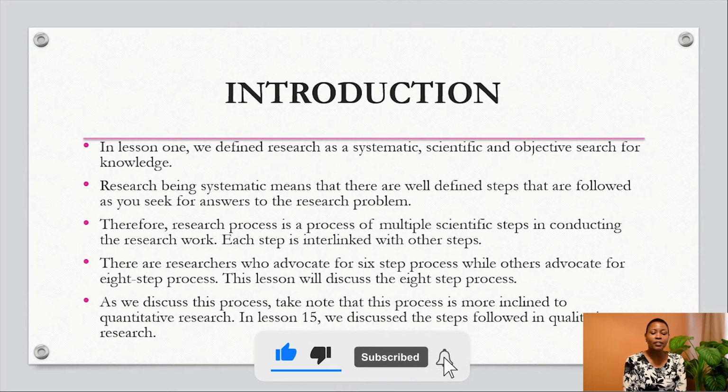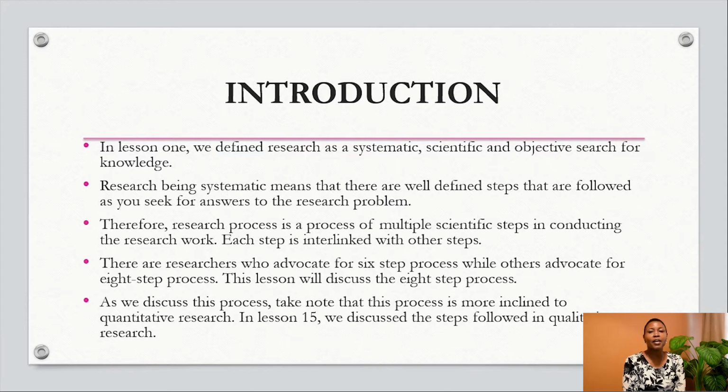In lesson 1, we defined research as a systematic, scientific, and objective search for knowledge. And we also said that research being systematic means that there are well-defined steps that are followed as you seek answers to a research problem.